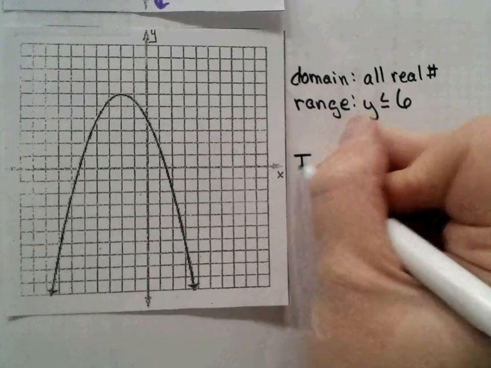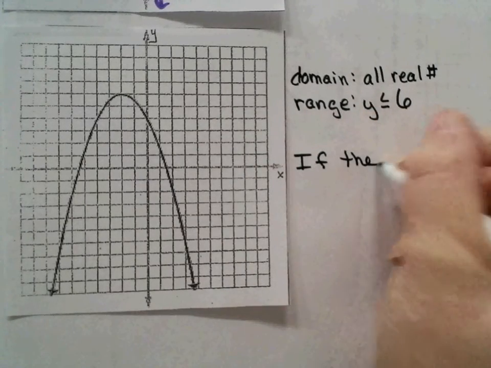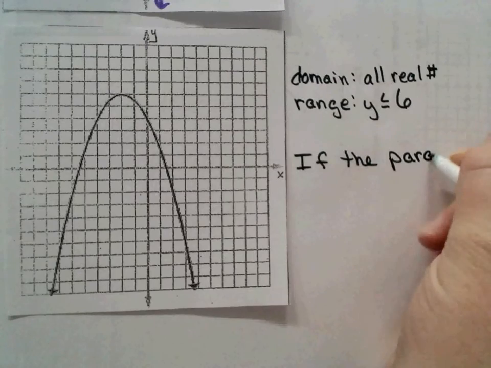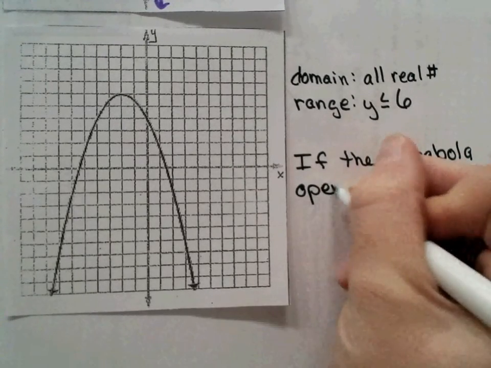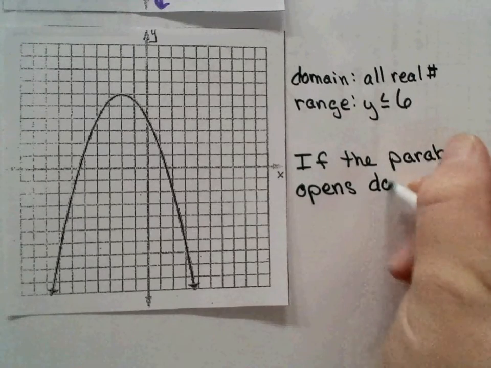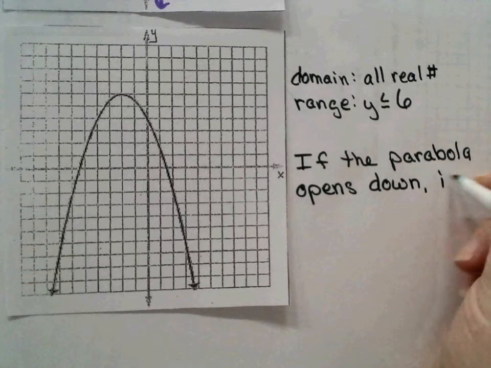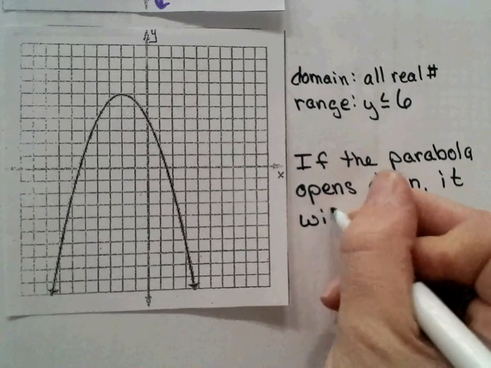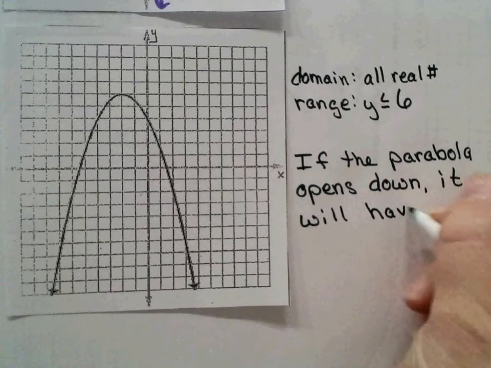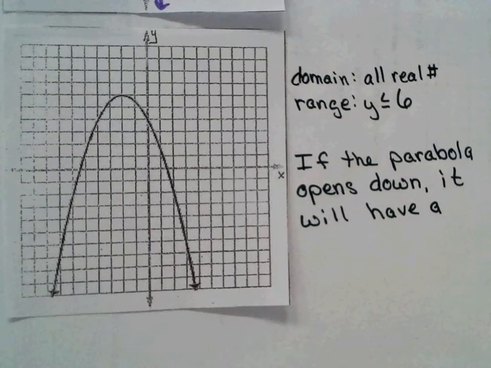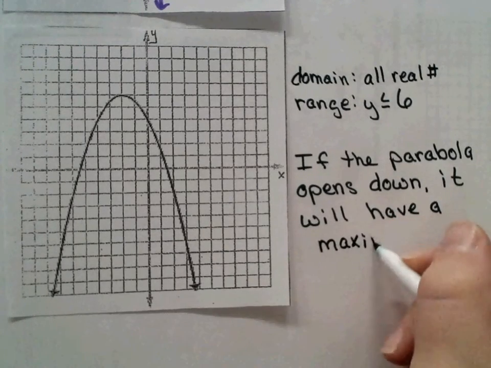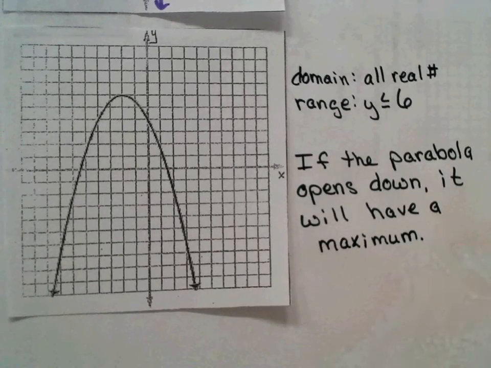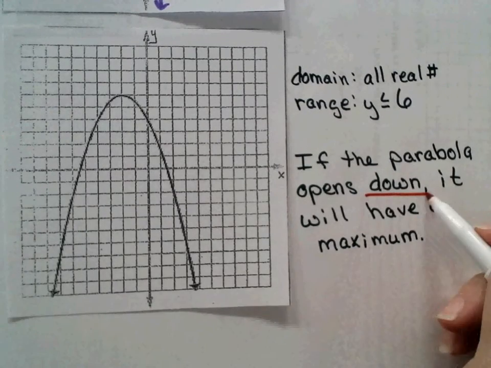And now our statement. If the parabola opens down, it will have a what? If it opens down now, it's going to have a maximum. It's going to have a highest point.